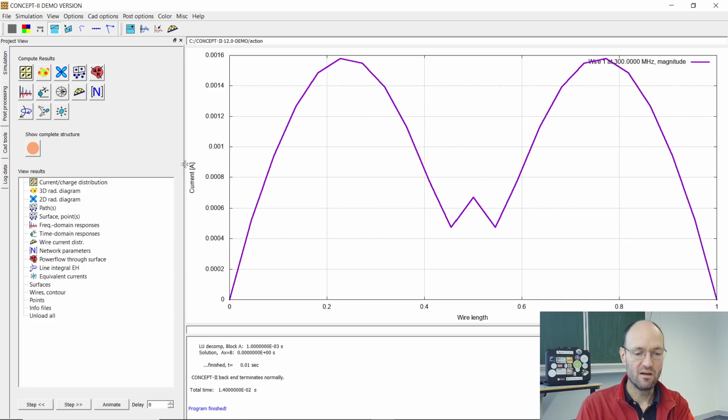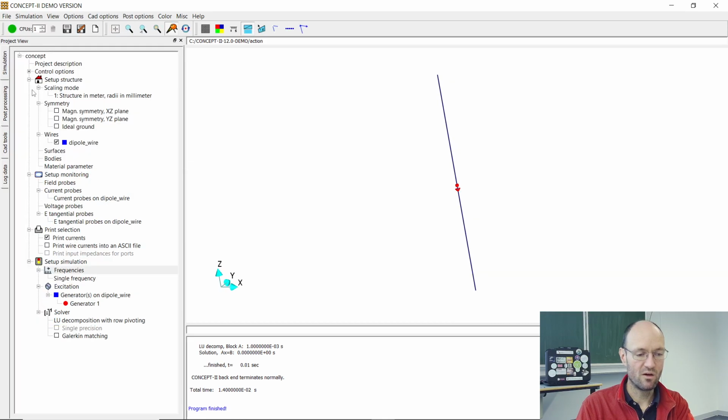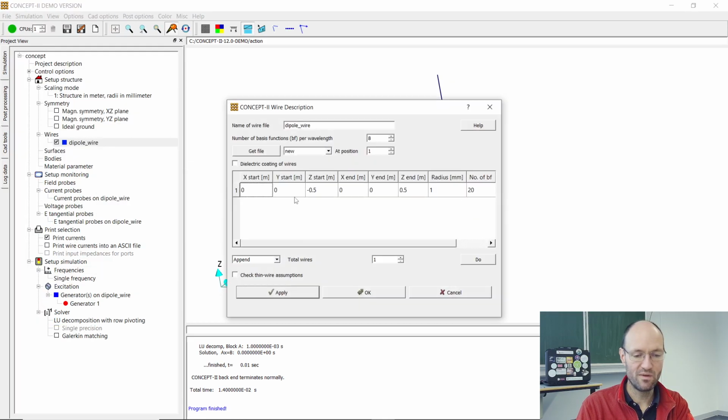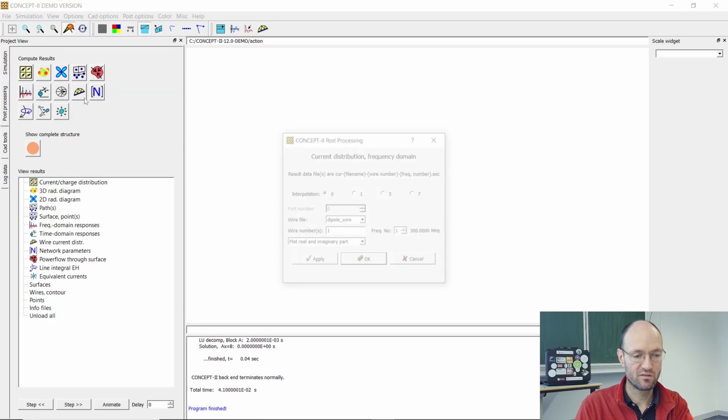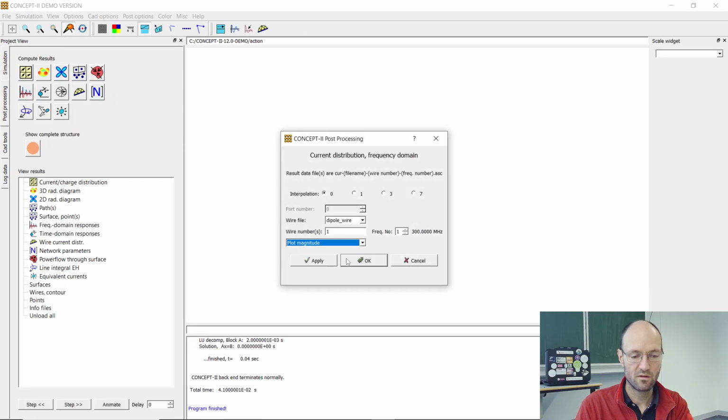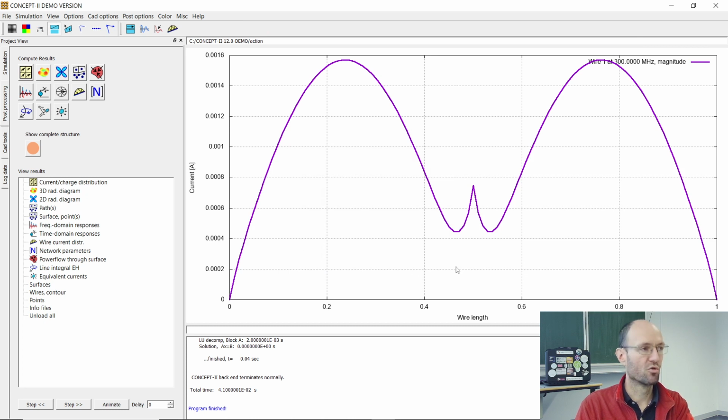And so, yeah, we now would need to have a bit more base functions, maybe go to 100, to have this in a nice view, simulate, go to post-processing, show it once again. Okay, yeah, and then it looks like this.